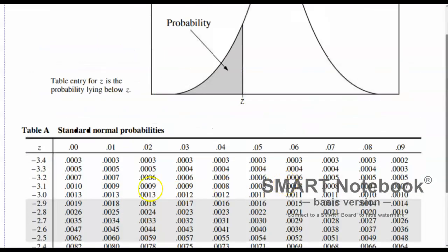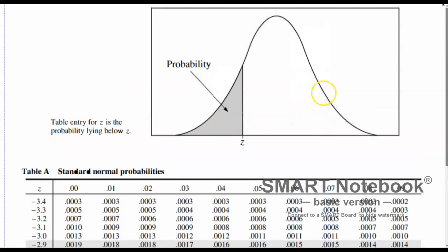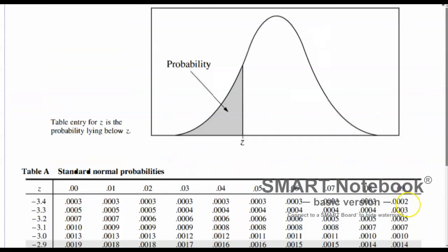The Z values do go into positive, which would move Z in this direction, and it would still be the area to the left. If you want the area on the other side, just take 1 minus the given area and you'll have it. So you've got your probabilities and z-scores, table A.